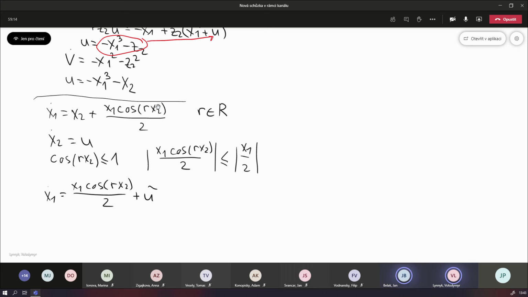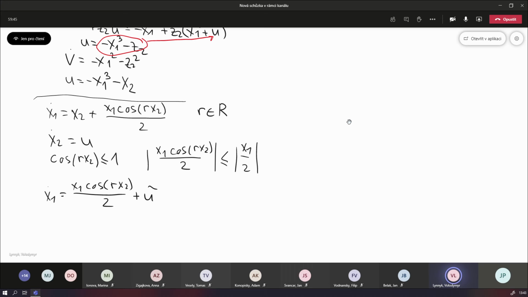Can we write it like this, with both the virtual control and the variable x2 in the same equation? We can, because cosine r x2 is less than or equal to 1, and now we take only this x2.